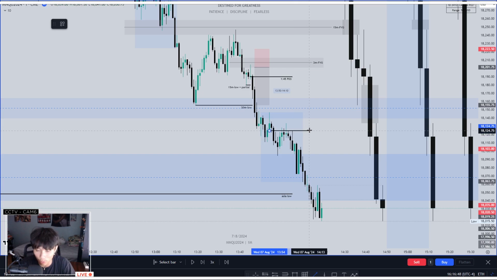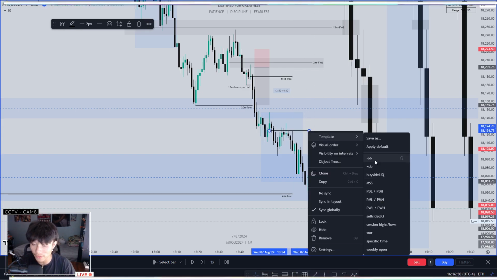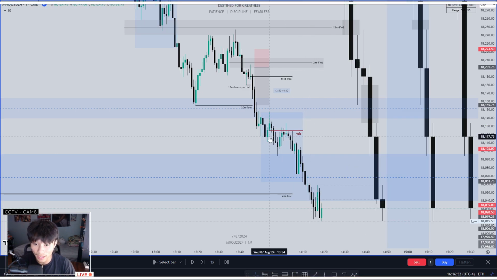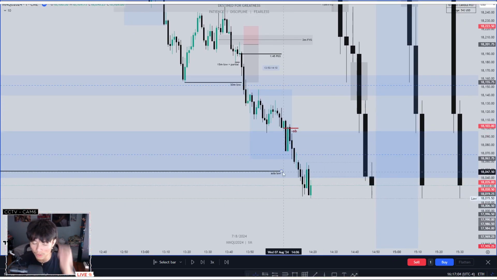I don't trade based off order blocks, but someone could have seen this as an order block. This last up-close candle in a sell program could have been an order block that people would have seen. This one could have been an order block here too. This could have been a pyramid entry to target Asia's lows, because we have yet to take out Asia's lows, so we can continue to pyramid.